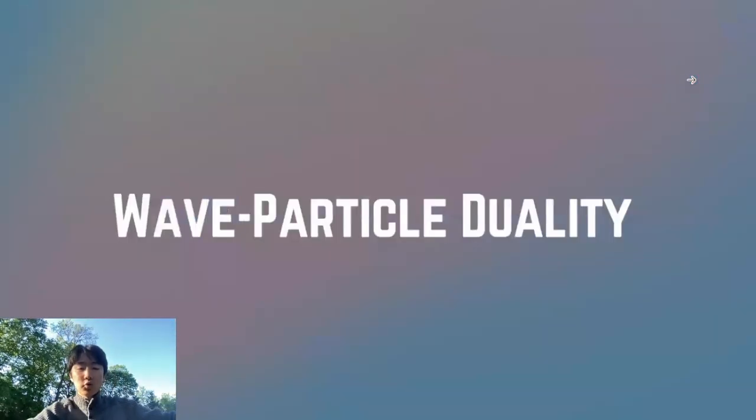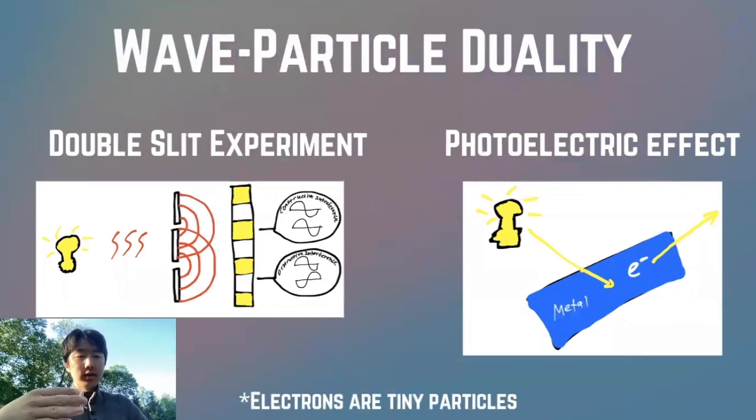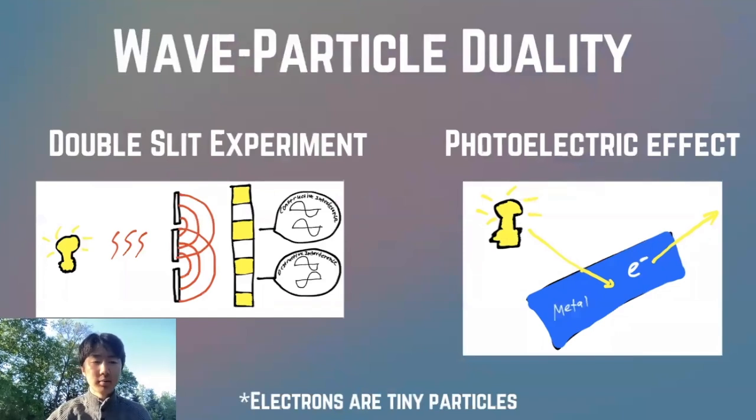First, wave particle duality. Wave particle duality is basically the phenomenon where particles can exist as both a wave and a particle. For example, in the double slit experiment, when light photons go through two slits between these three blocks, it creates a ripple effect of waves, and the yellow parts are the ones that are lit up.